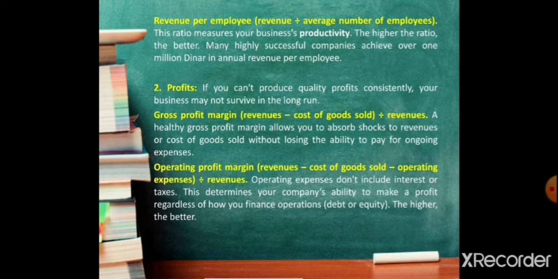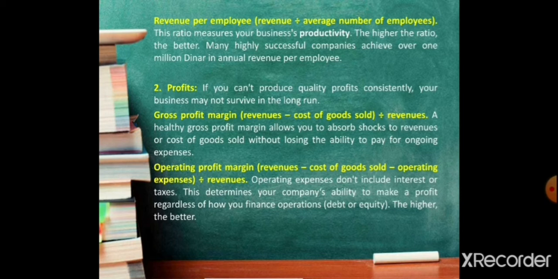component, operating profit margin. Operating profit margin is calculated as per the formula revenue minus cost of goods sold minus operating expenses, those expenses which are related to the business, divided by revenues.